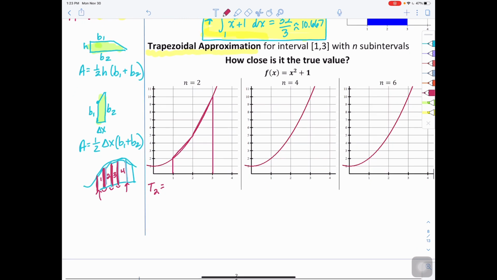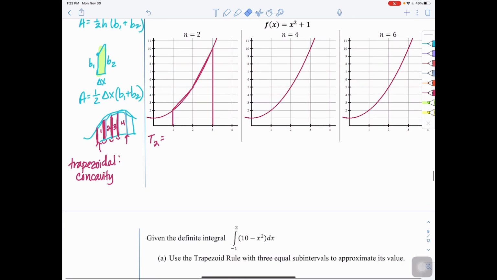So I'm going to tell you, with trapezoidal approximations, you look at concavity to see if we have an under or an over estimate.